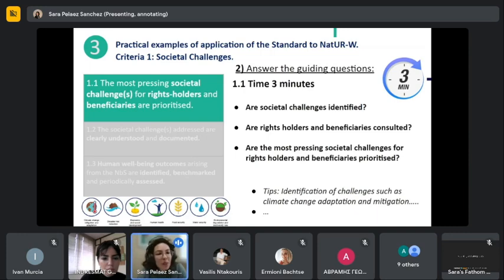Okay, if somebody wants to jump in, maybe somebody from the project that has more experience with identifying societal challenges. Maybe Dionysius, you want to be the first?